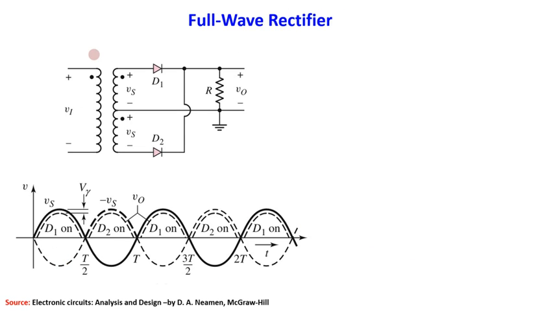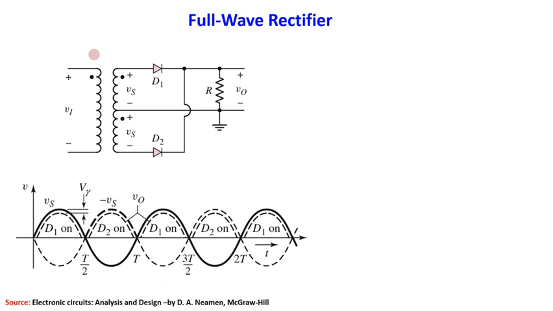Some time back we discussed the half wave rectifier, and we have also seen that in case of a half wave rectifier, the output is only the half cycle of the input sinusoidal signal. The other half is simply blocked by the diode. That's why it was a half wave rectifier.